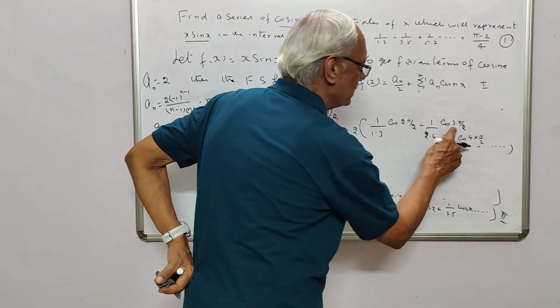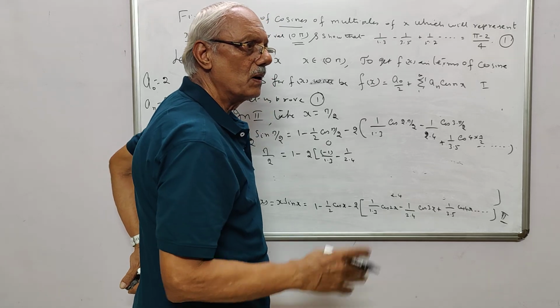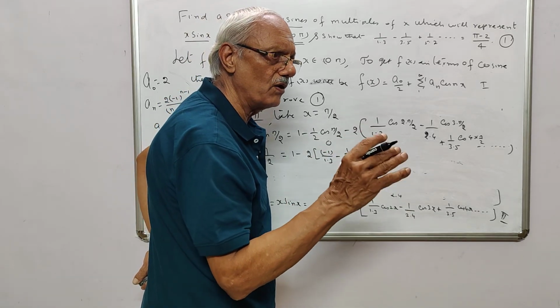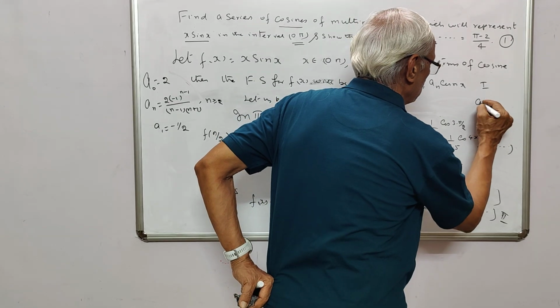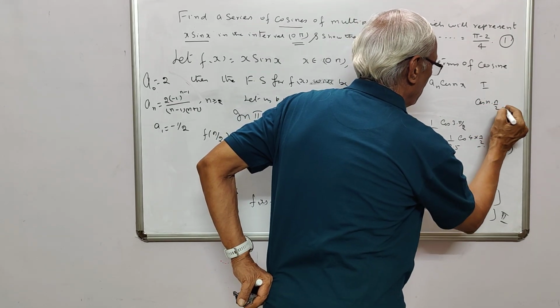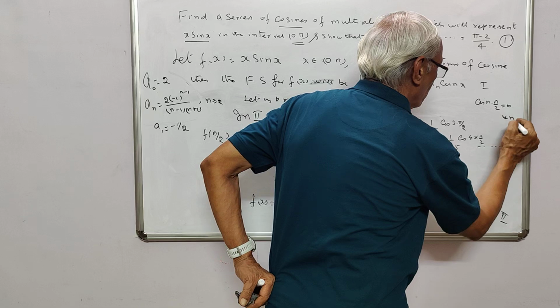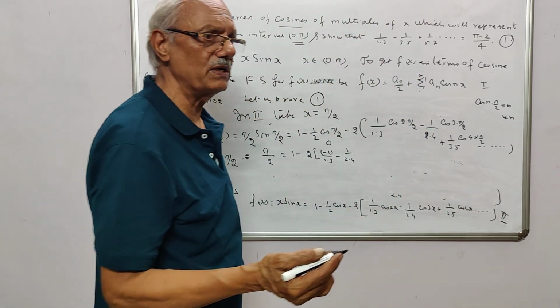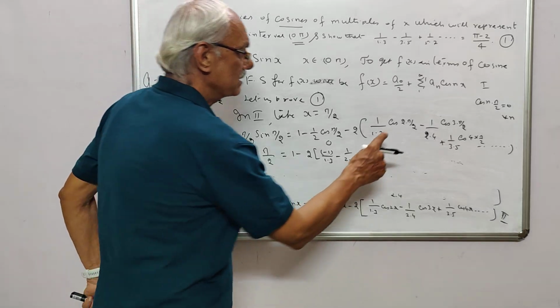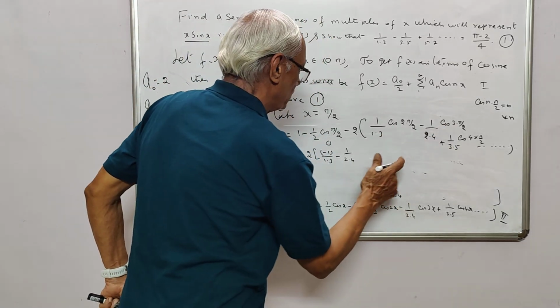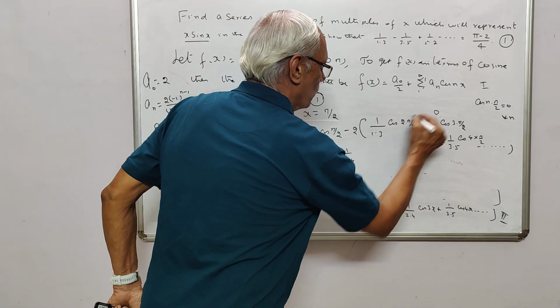Now this is cos 3 pi by 2. Cos n pi by 2 is equal to 0 for odd n. Whether it is a positive n or negative n, this is going to be 0. So cos 3 pi by 2 is equal to 0, so this value is 0.